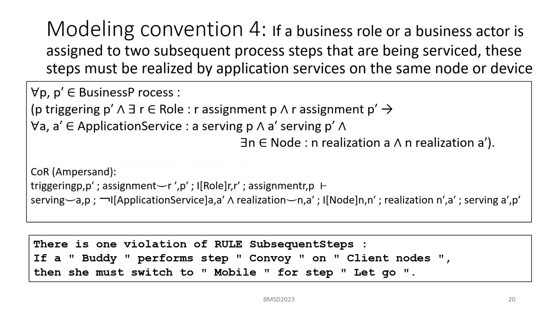At this point, enterprise architects started to think about usability of the business process. Modeling convention 4 tells that if a business role or a business actor is assigned to two subsequent process steps that are being served, these steps must be realized by application services on the same node or device.